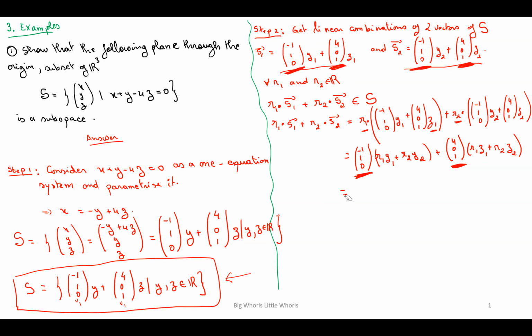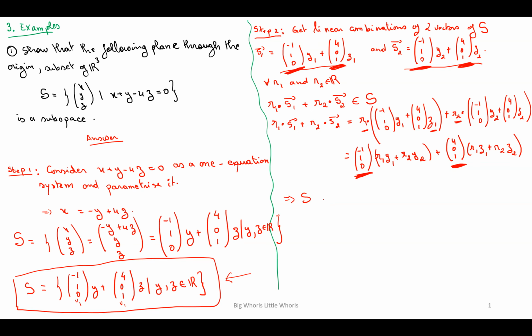Isn't that beautiful, when things are connected together? So yes, we have just proved that this is a vector space. It is closed.